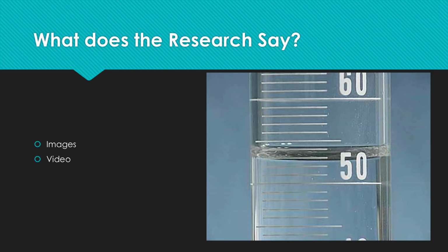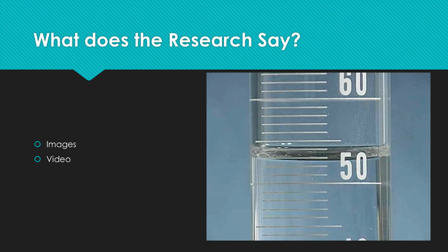Video is kind of a mixed bag. Some research says it's good. Some research says there's really no conclusive evidence to show that there's better outcomes. But something they do say is that it is more closely tied with good outcomes whenever you use it as best practices.